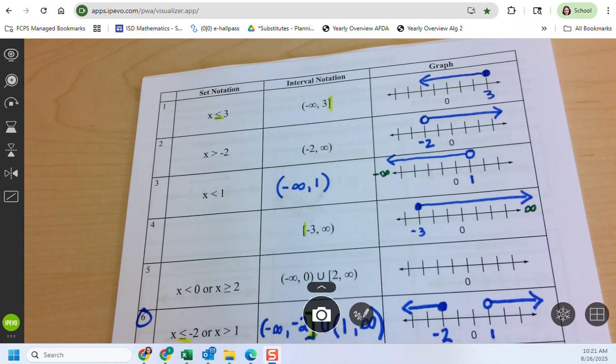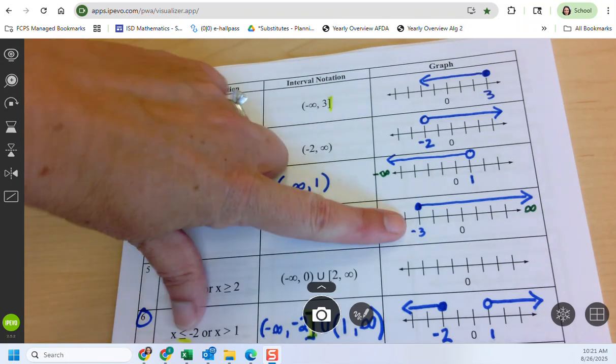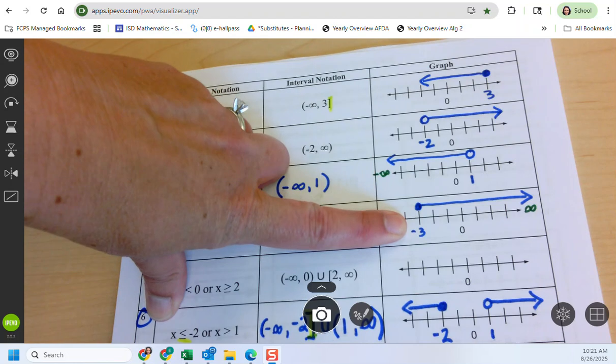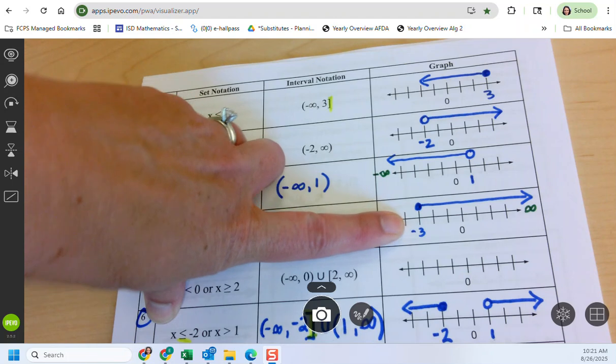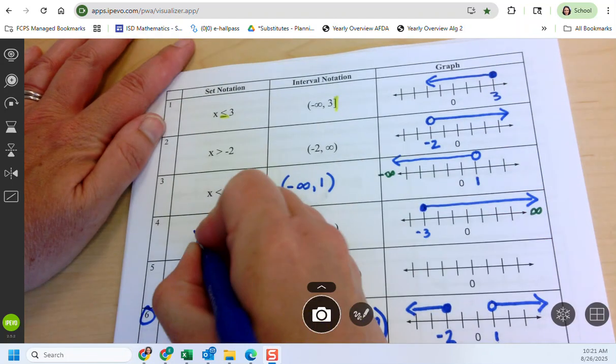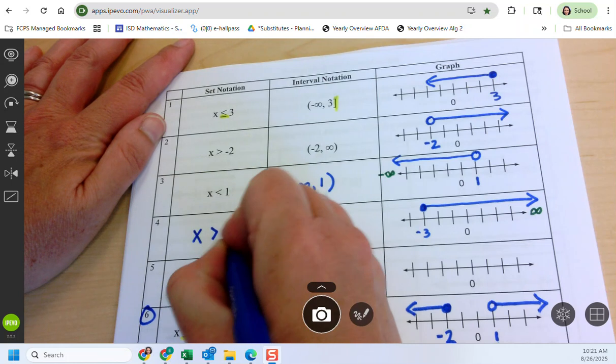All right, so looking at that graph, is x greater than -3 or less than -3? It's greater, thank you. So x is greater than -3.